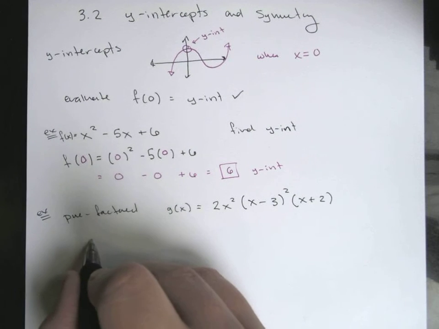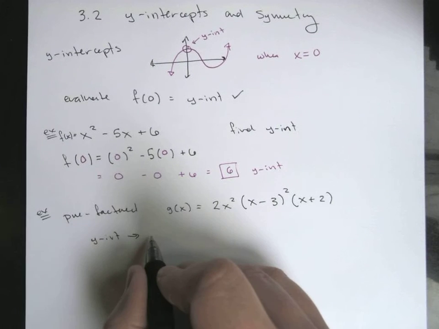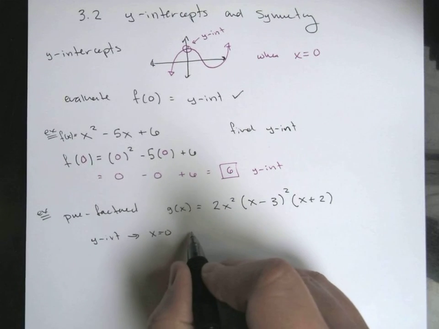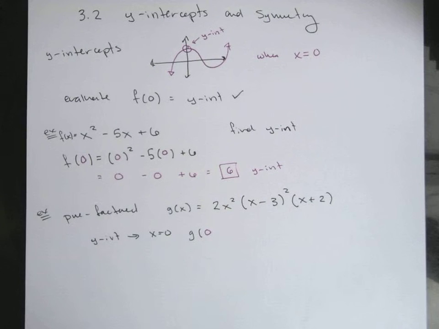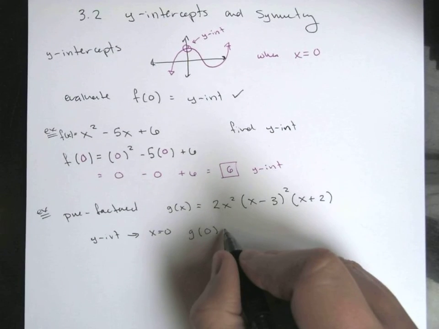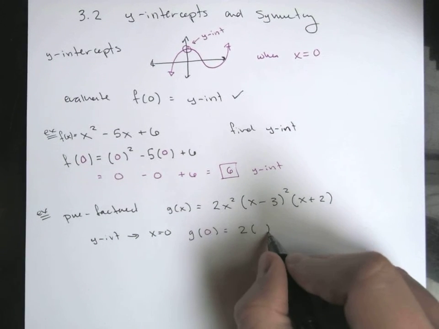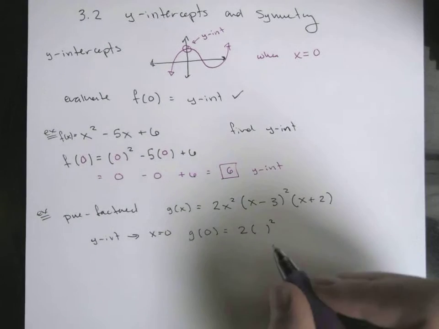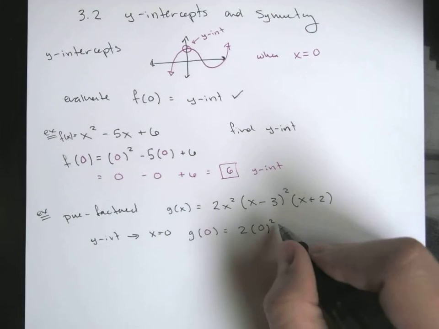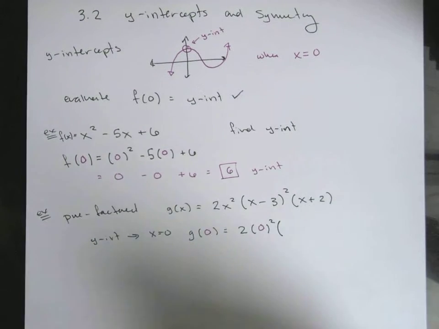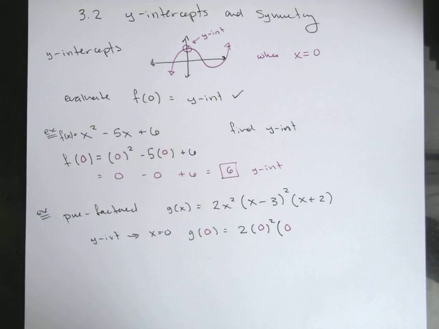So if we find the y-intercept, sub in x equals 0, so g of 0. Because this is showing up in a slightly different form, it makes the math go a little bit differently. So 2 times 0 squared, we'll just sub our zeros into this whole thing, and then we'll just deal with it.